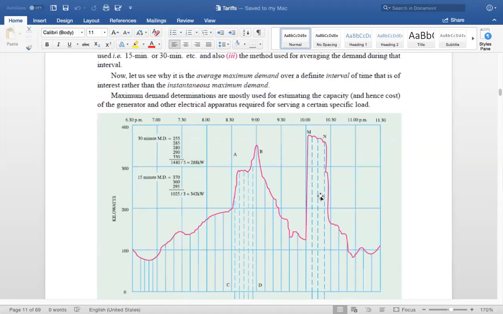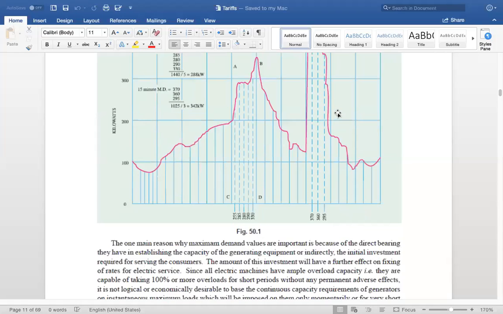And there's a graph, maximum demand determinations, mostly used for estimating the capacity and hence the cost of the generator and electrical apparatus required for servicing a certain specific load.